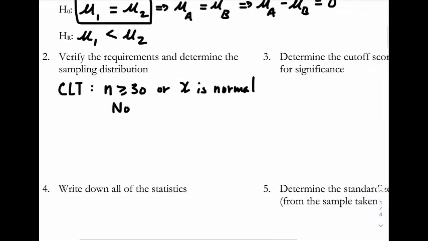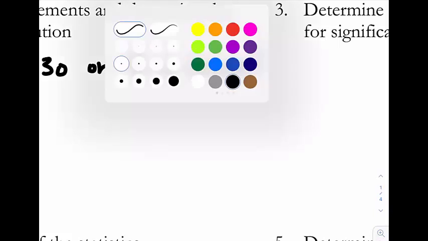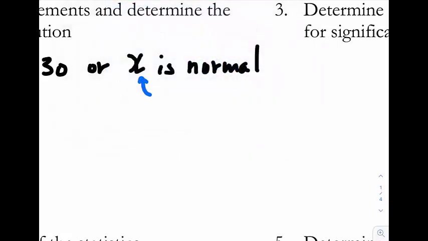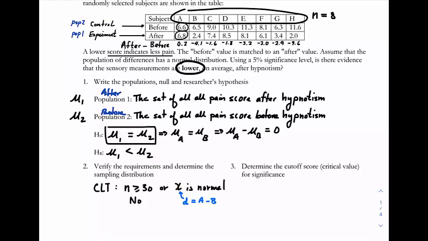However, for the next part, is x normal, more specifically, is the difference here for x. So x is going to represent something a little different, the after minus before differences. So, is the differences normally distributed? Let's go back and look at that in the prompt. So here it's saying that before is matched with after, and then it says assume that the population differences has a normal distribution.